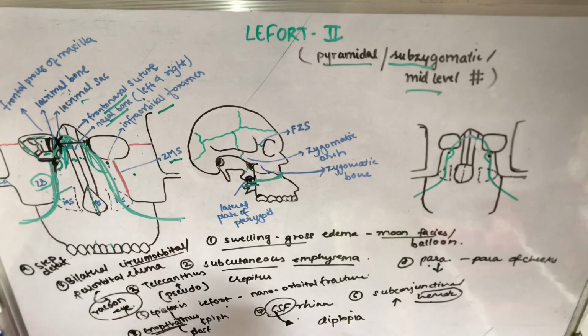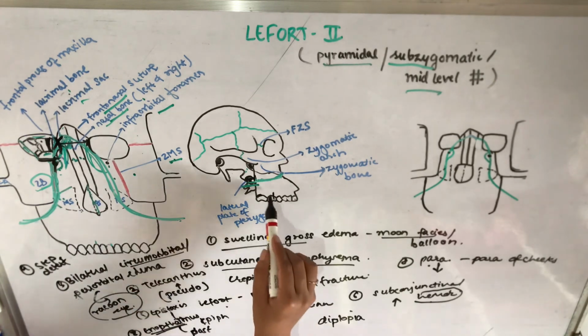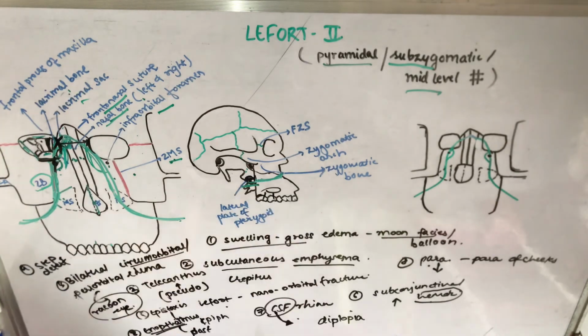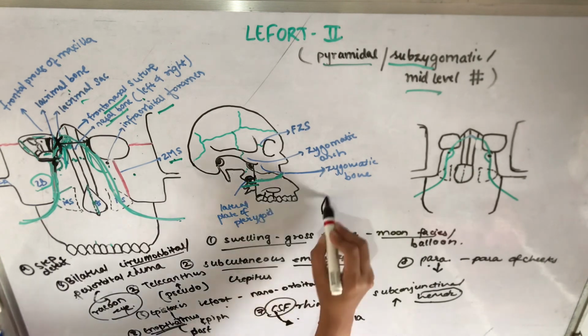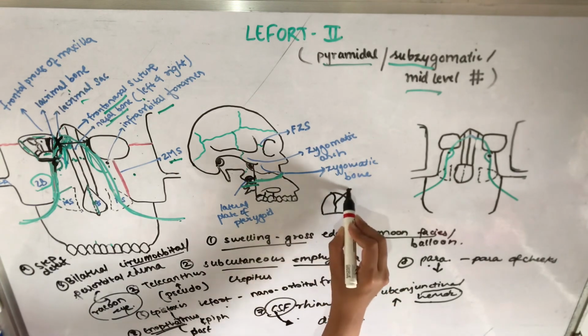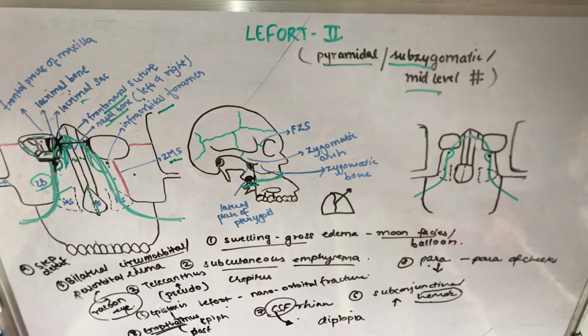Next point is you will see ecchymosis or hematoma in the buccal sulcus, opposite to the first and the second molar. Sometimes there is nasal or pharyngeal hemorrhage which causes upper airway obstruction. Then you will see mid-palatine split, which you see usually in Lefort 1, 2.